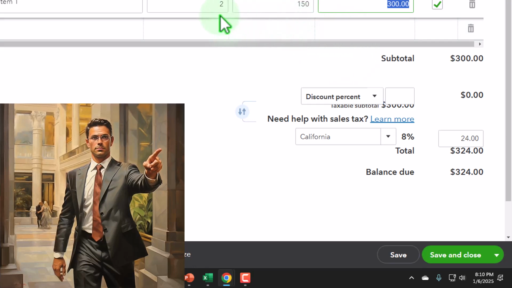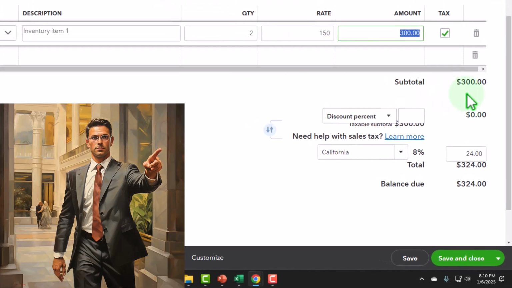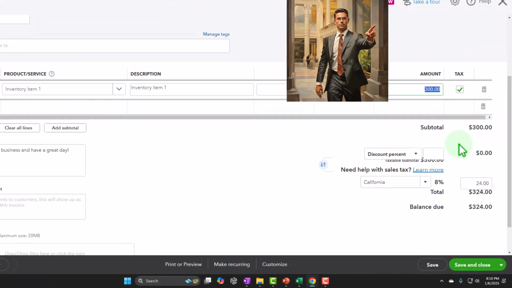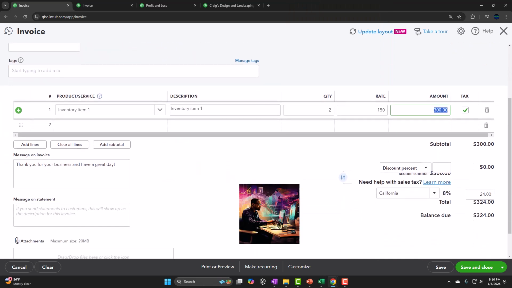And the cost of goods sold, the expense, is going to go up, so the impact on net income is going to be $300 minus the cost of goods sold, which is $200. And we're going to have the subledger that's going to break out the information by customer, in this case customer 2, for accounts receivable, and a subledger for the inventory, which is going to record the reduction of inventory.